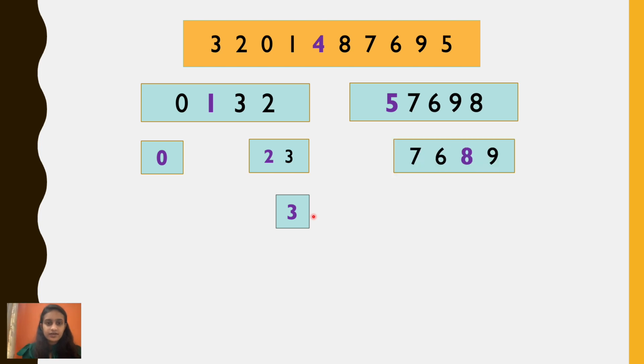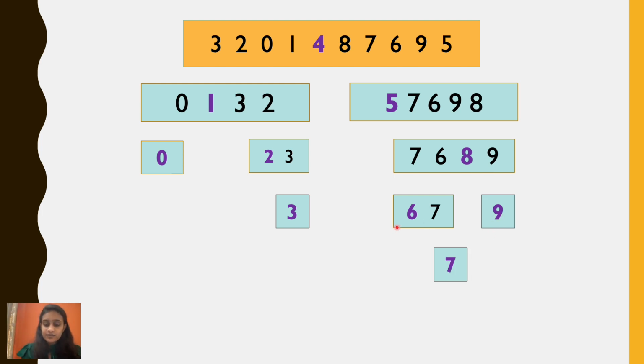So coming to the right side of the element, 7, 6, 8, 9. So 5 being the pivot value and 7, 6, 8, 9 being on the right side of the list, we have to take the element as it is, and taking 8 as the pivot element, 6 and 7 have been swapped as 6 is less than 8 and 7 is also less than 8, but 9 is greater than 8 on the other side.